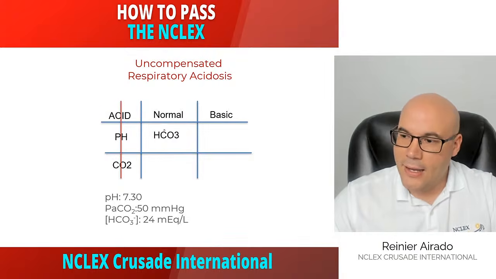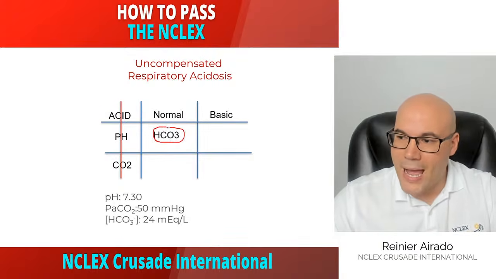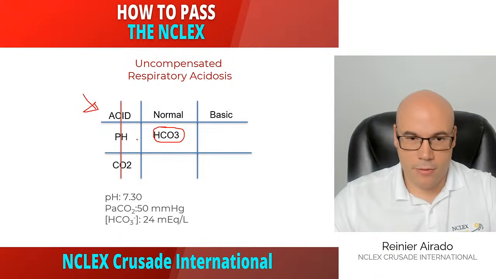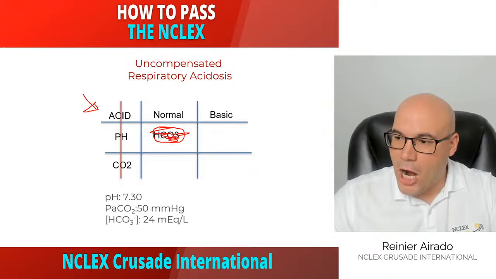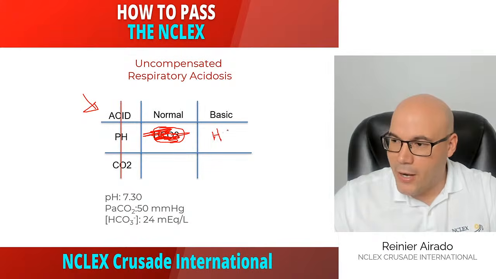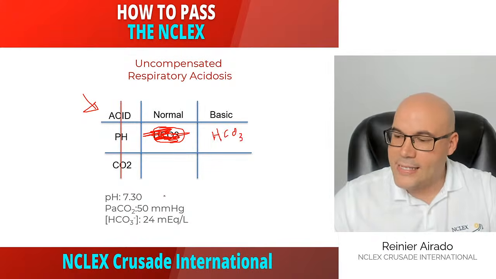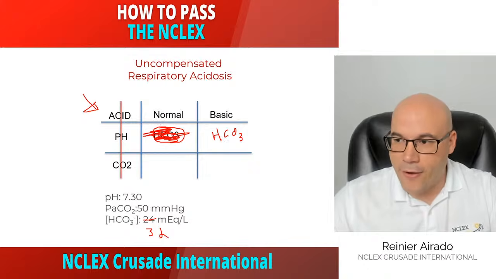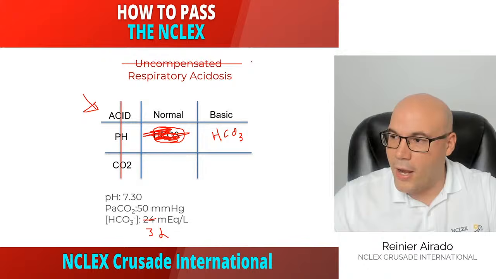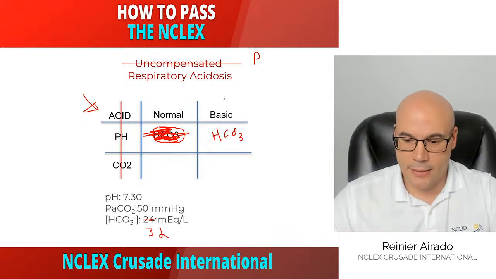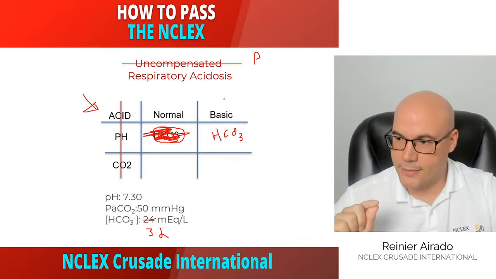So I would like to show you the difference here. As you can see, bicarbonate is normal and not doing anything to compensate for the acidosis problem. However, if we take bicarbonate from normal, let's take it out of here, and let's put bicarbonate here, and let's say that the HCO3 instead of 24 is like 32, then it is different. It is not uncompensated anymore. It is partially compensated. That's how you know the difference.